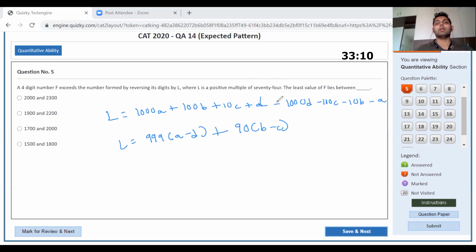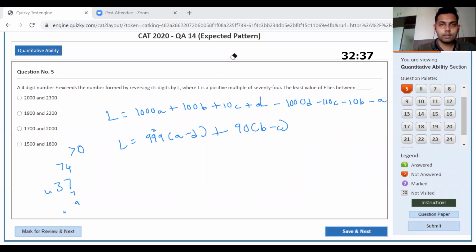L is a positive multiple of 74. So positive means greater than 0. Okay. Of 74. 74 divided by 2 is 37. And I know 999 is divisible by 37. And how is it? Just a second. 37 times 27 is 999.